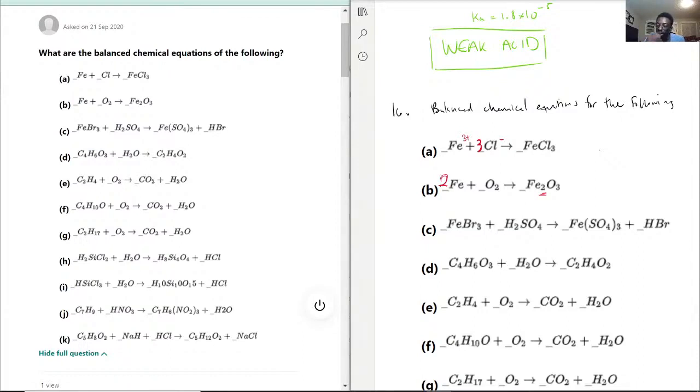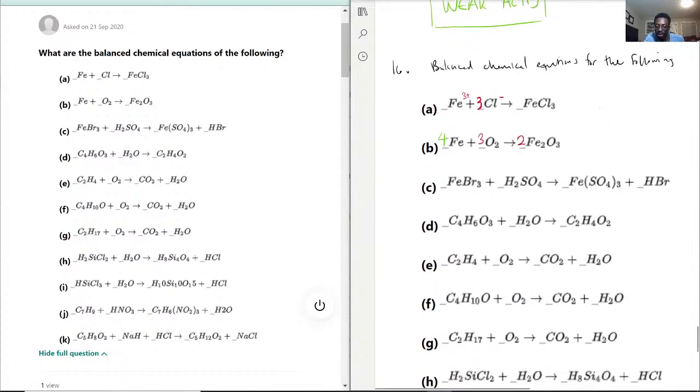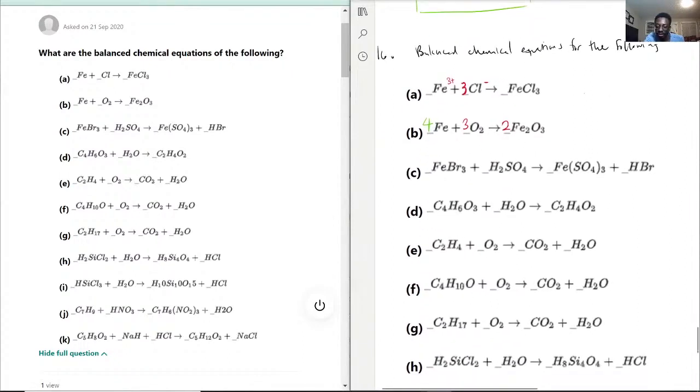So we need the smallest common multiple, which would be 6. So it'd be 3 oxygens here and 2 of the whole molecule. But because we just did that, Fe2 has to be changed because now we have 2 Fe2, so this actually becomes 4. Okay, so let's move on now. That would be how you solve that one.